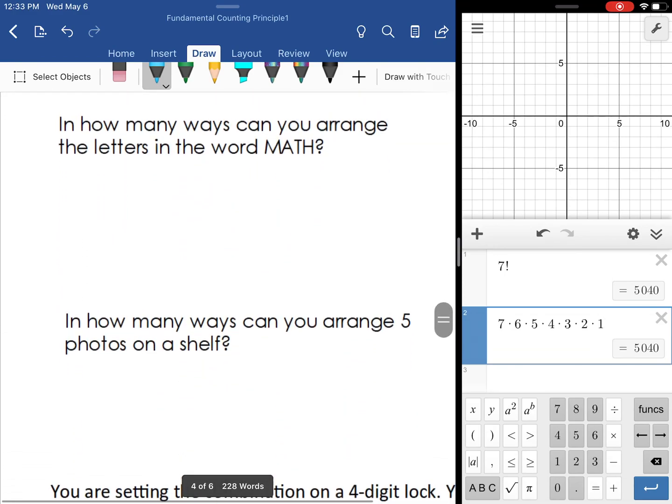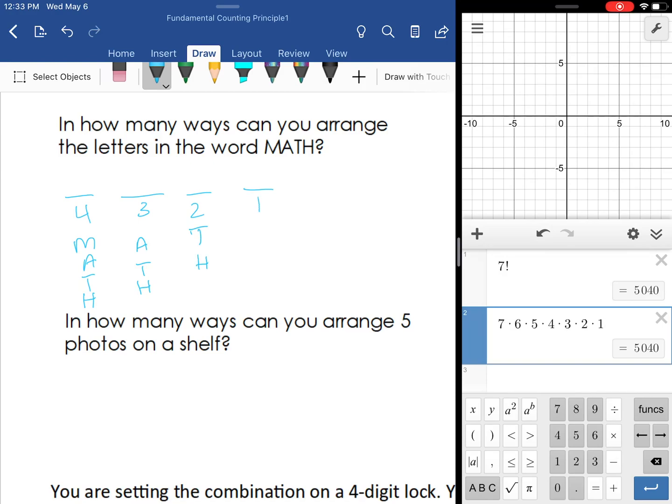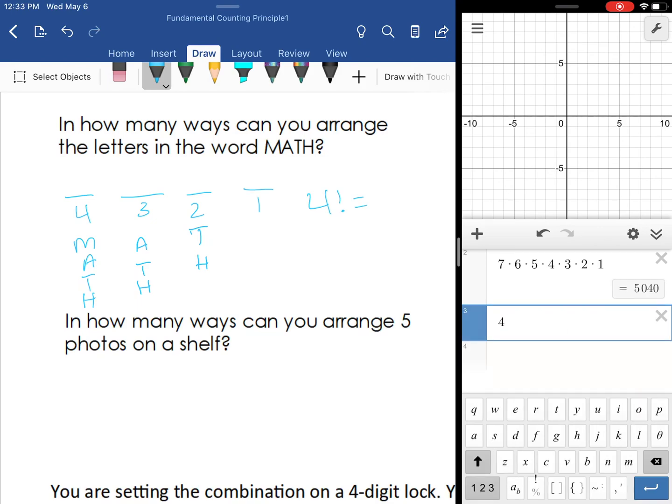So we want to know how many ways can we arrange the letters in the word math. Well, this is really similar to our example for bad. We start with 4 letters, M-A-T-H, and then we only have 3 for the next option, 2 for the option after that, and 1 for the option after that. So what's our factorial? We're just going to take 4 factorial, and our calculator says that 4 factorial is equal to 24.